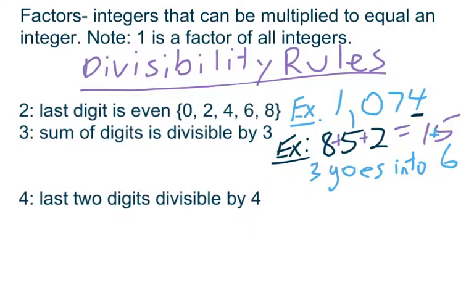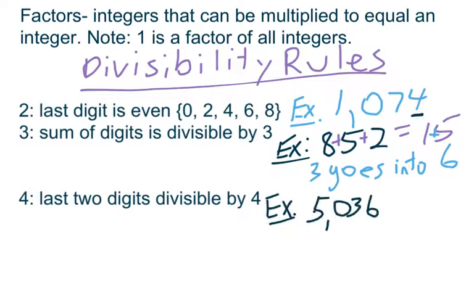Now the rule for 4 is we just look at the last 2 digits and make sure that it's divisible by 4. So really the biggest number you would have to check is the biggest 2-digit number, which could be 99, right? So you never have to check a number bigger than that. And the reason that works is because 4 goes evenly into 100.